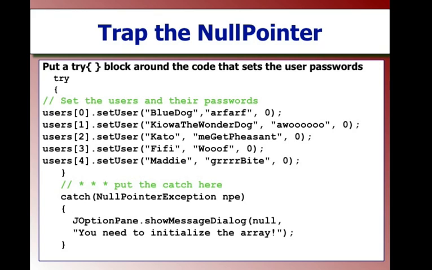So there's your try, and then there's the users in the array. And then for the catch, I look for the null pointer exception, and I name it NPE. So it's NPE of type NullPointerException. And then I print out a nice friendly message that says you need to initialize the array with an exclamation mark.